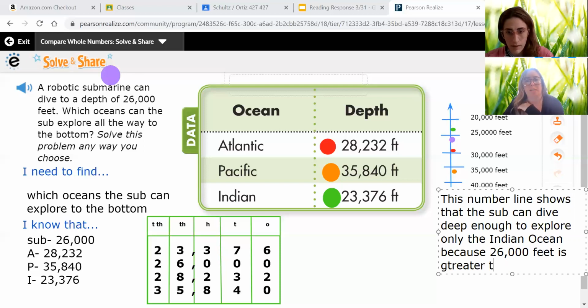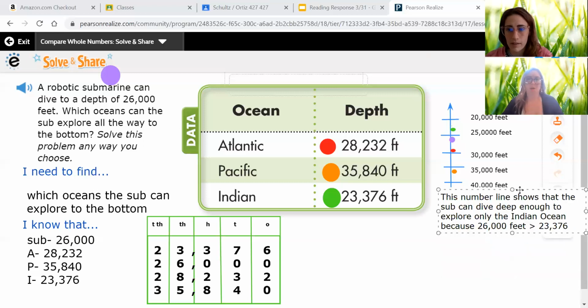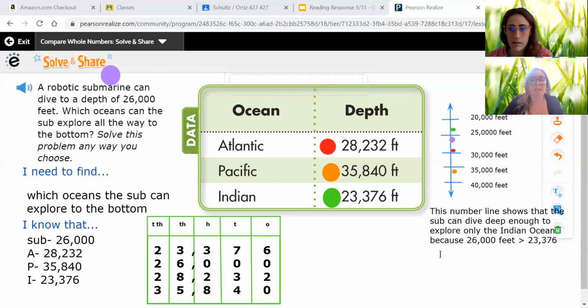Maybe you can use a symbol, Miss Ortiz, to show a number sentence. Perfect, because we can use number symbols like greater than, less than, equal to write a number sentence, just like that. Perfect.